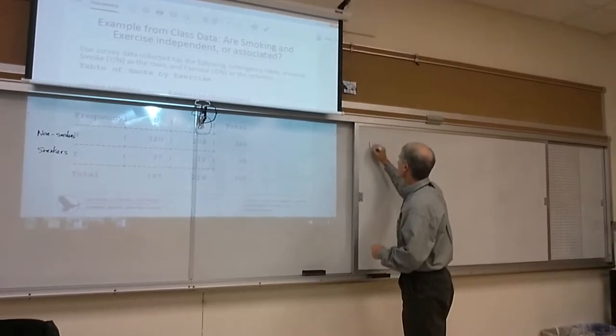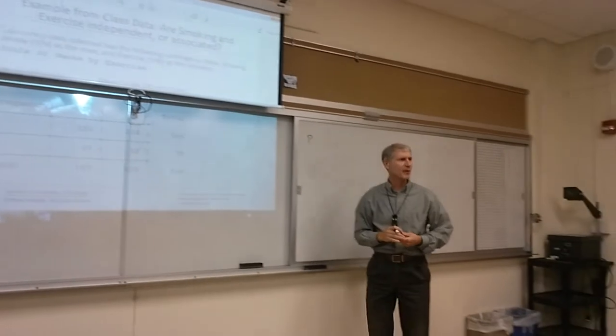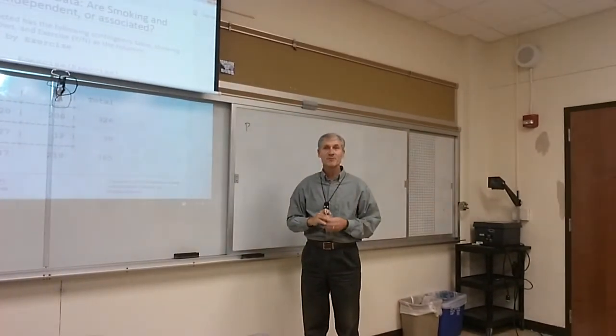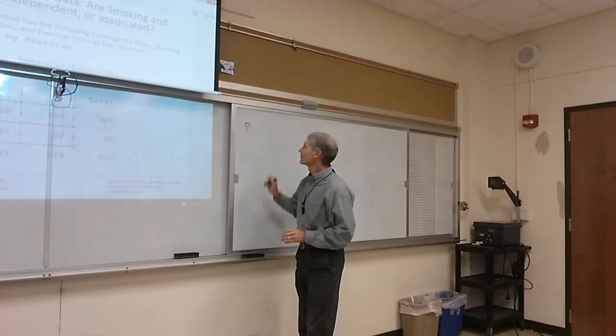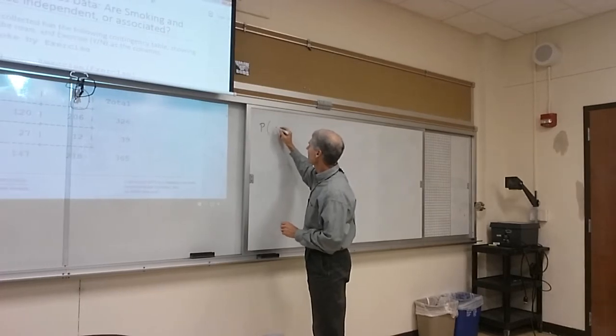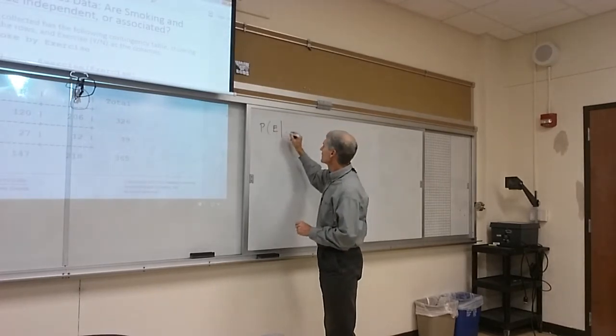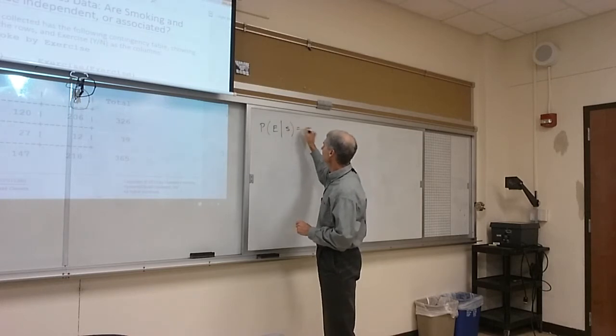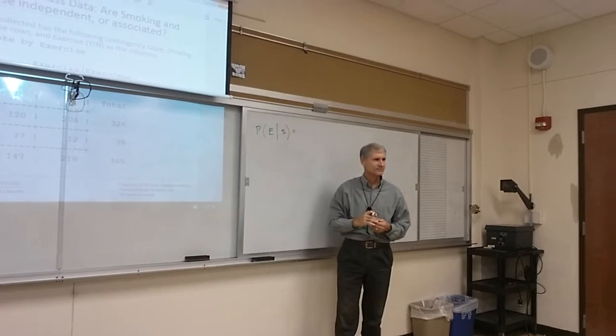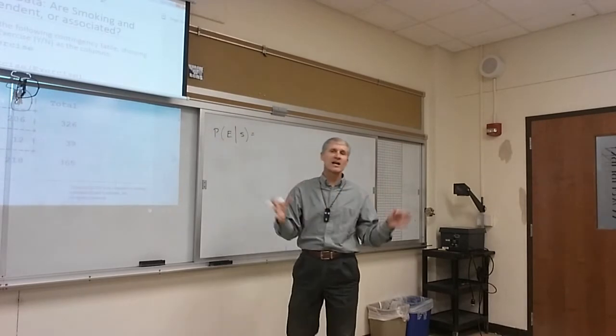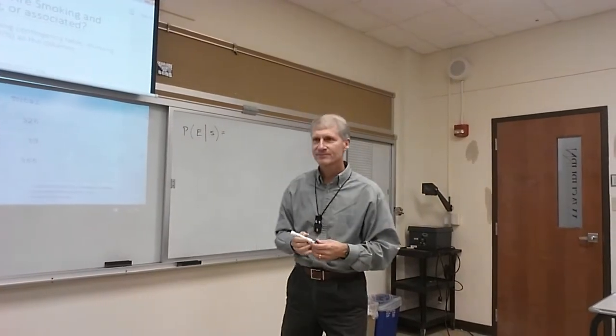So remember way back when we did probability? And you remember it all, right? What's the probability of exercising, call that E, given they're a smoker? Compute that probability for me. And you're going to need your calculator, so you might as well get them out now.